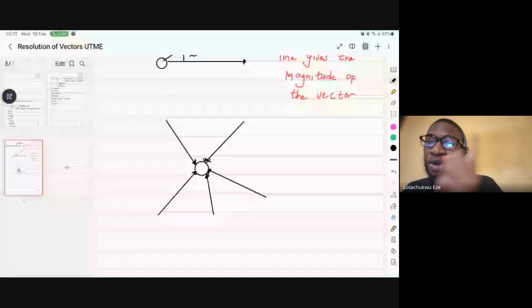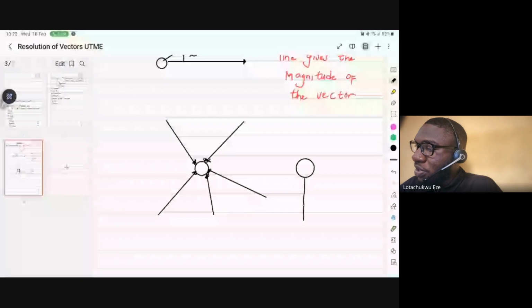Whether we have 30 of them, we need one single vector, and that single vector will have the same effect. Out of all these vectors, we want to represent it with a single vector, and that vector should have the same magnitude and direction that takes into cognizance the entire effect. So let's say one of them is represented this way, a single force, a single vector. So let this be my resultant vector. This is the resultant.